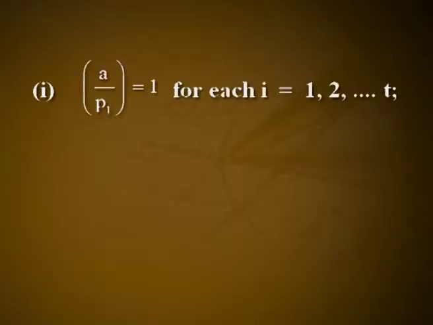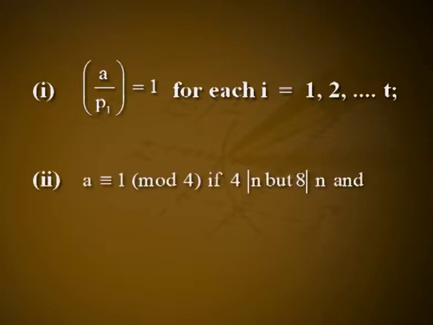Legendre symbol (a/pi) is equal to 1 for each i = 1, 2, ..., t. 2. a ≡ 1 (mod 4) if 4 divides n but 8 does not divide n, and a ≡ 1 (mod 8) if 8 divides n.